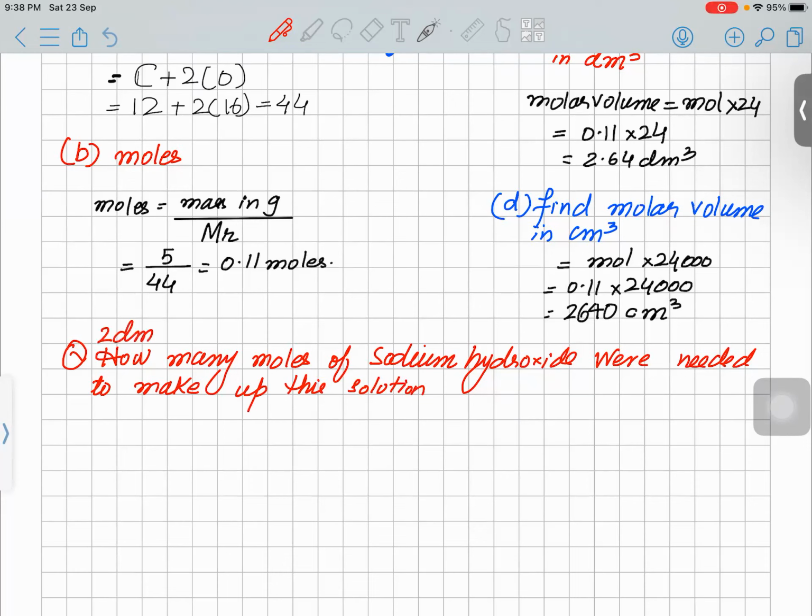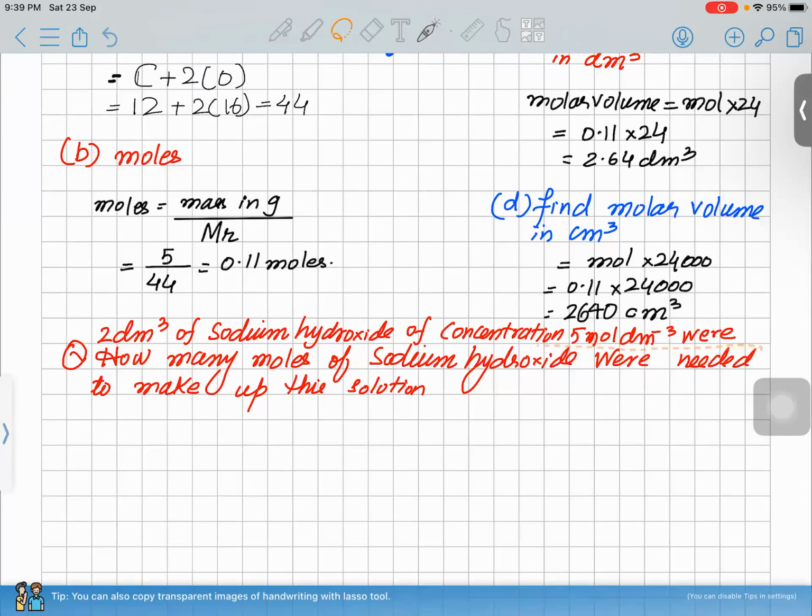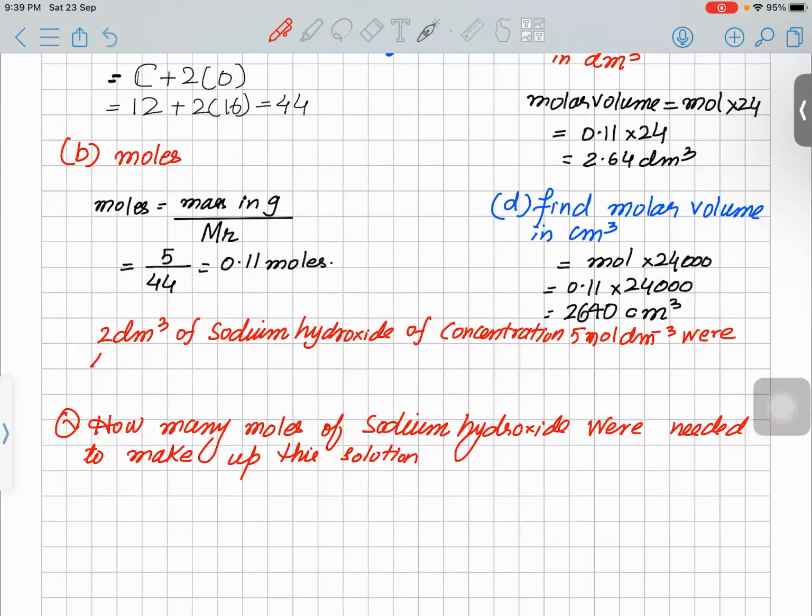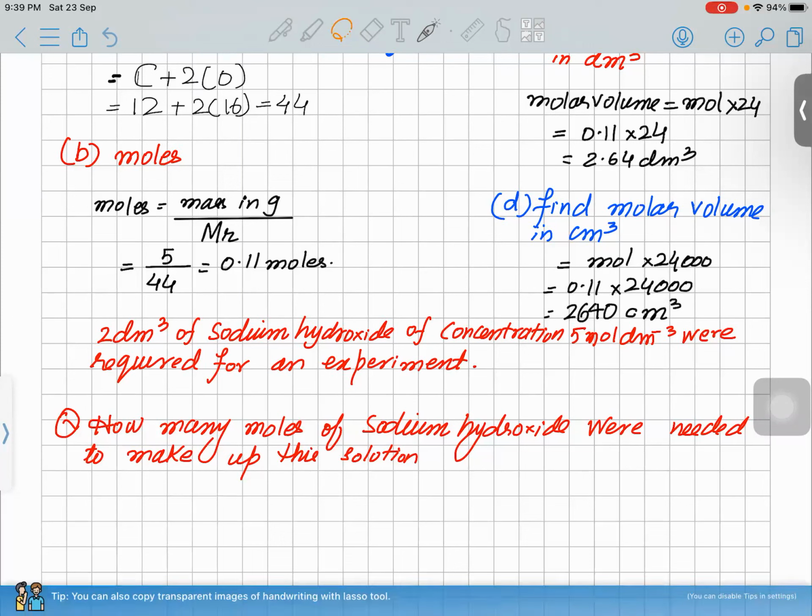So let's suppose 2 dm cube of sodium hydroxide of concentration 5 mole per dm cube were required for an experiment, then how many moles?